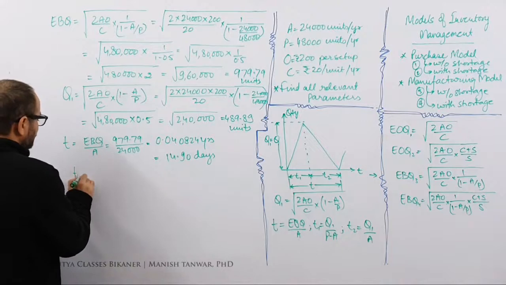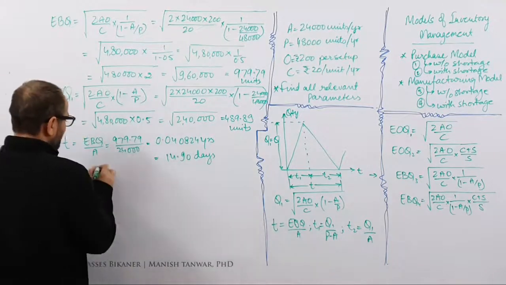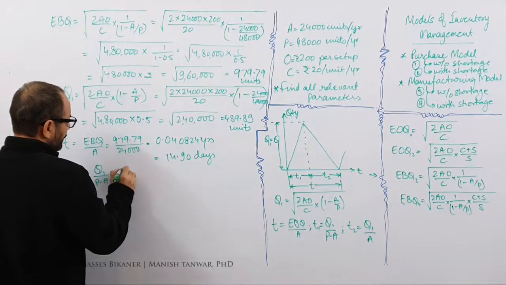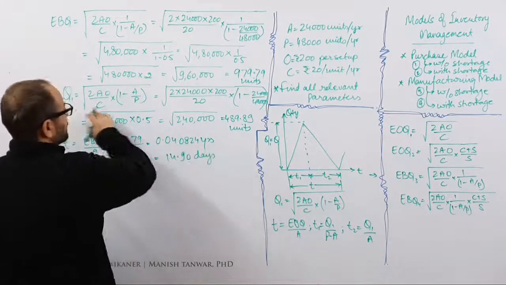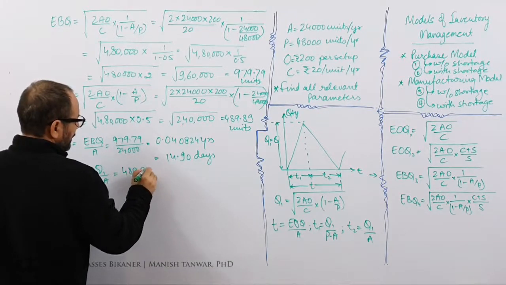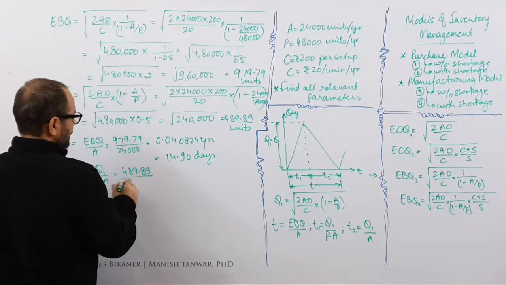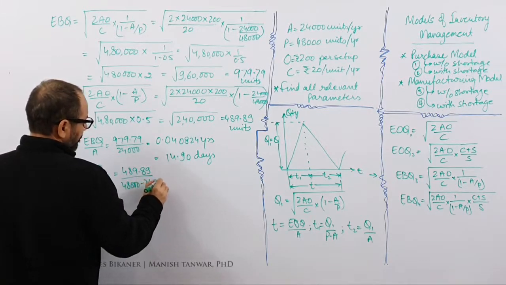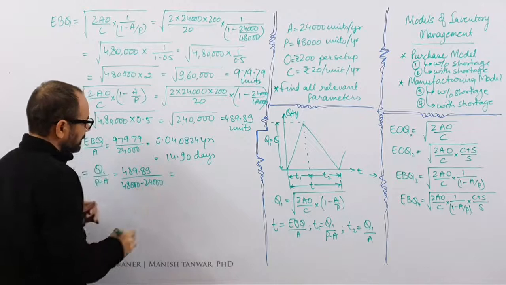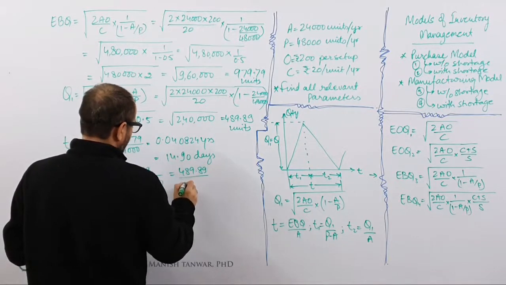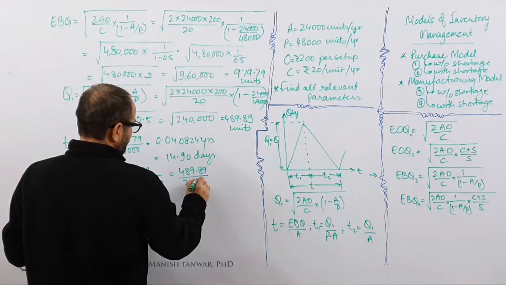What about T1? Formula for T1 is Q1 upon P minus A. Q1 is 489.89 upon P minus A, that is 48,000 minus 24,000, making it 489.89 upon 24,000.